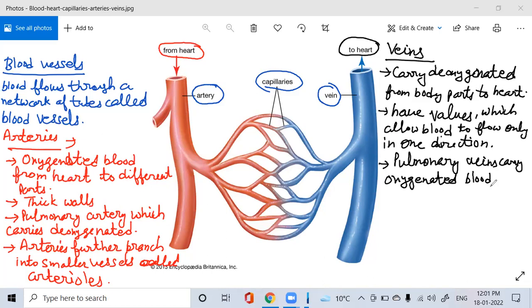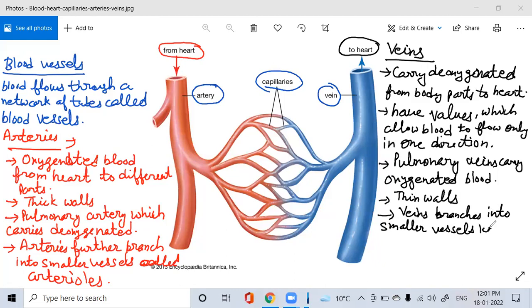They have thin walls, right? Thin walls also we can mention, and they also divide or branch into smaller vessels known as venules.